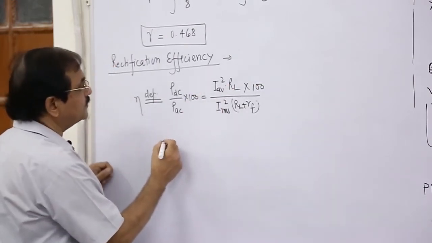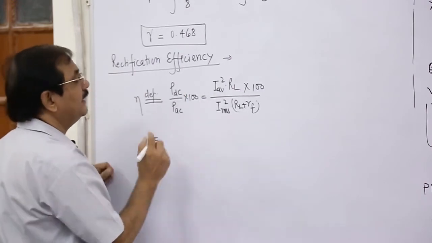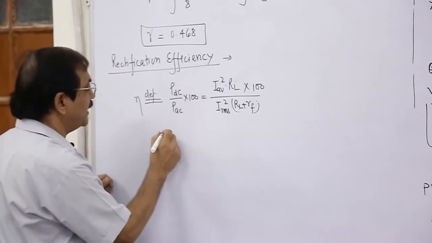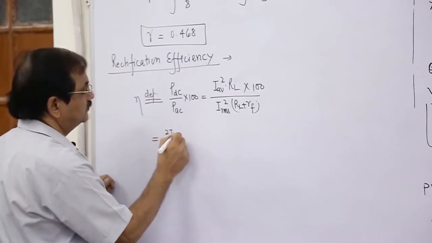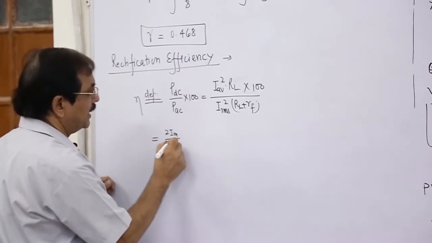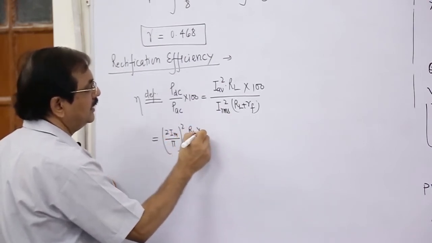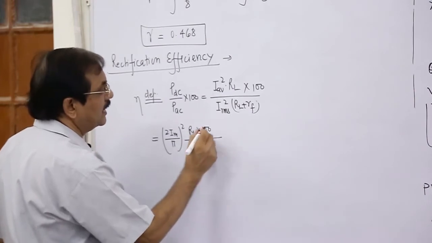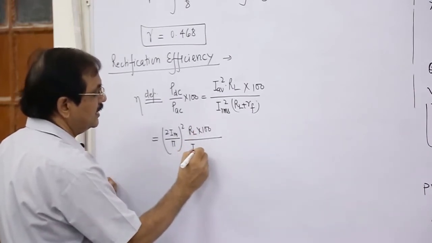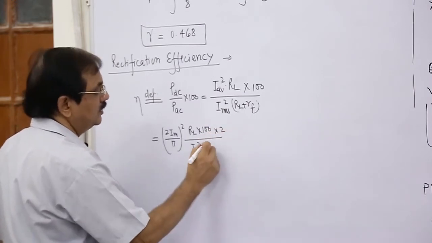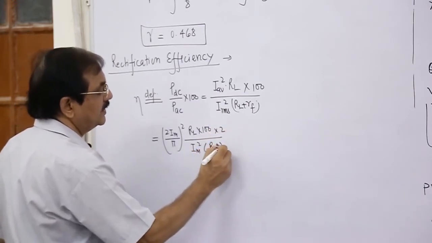So, by substituting the values, I average is 2Im over pi, whole square RL into 100, upon IRMS square, Im square upon 2, times (RL plus RF).